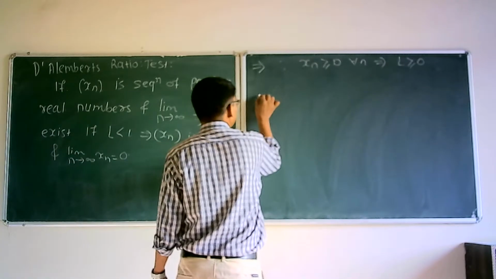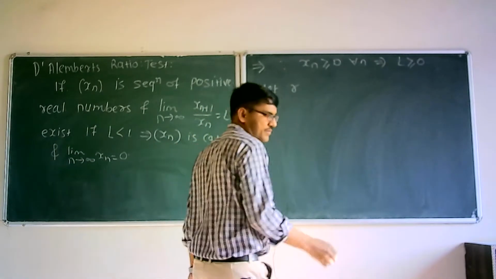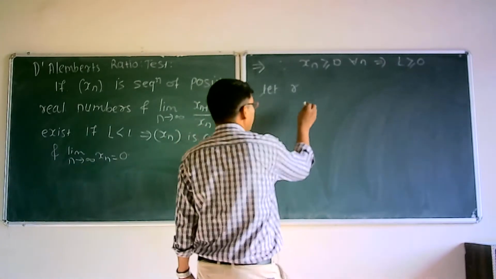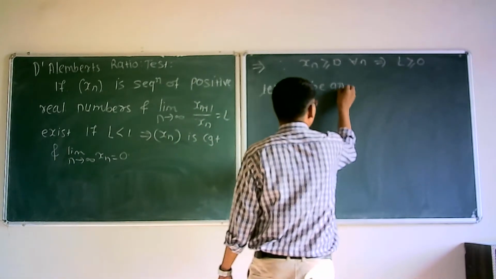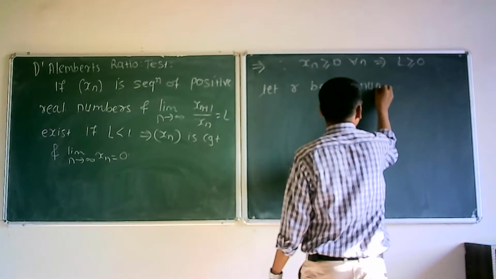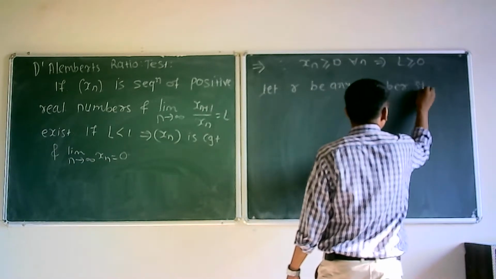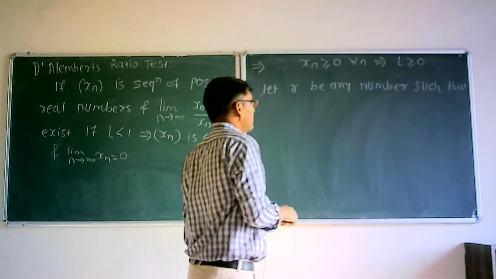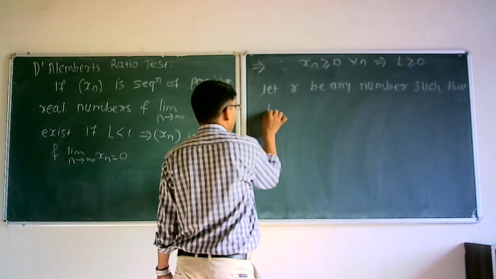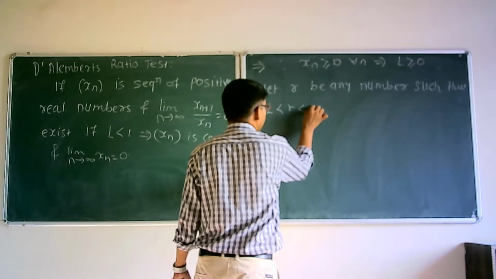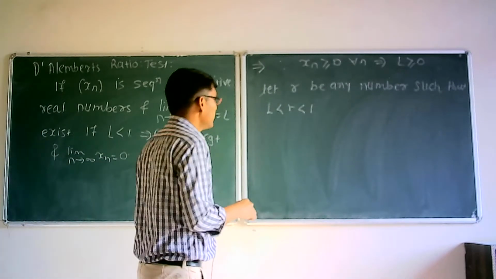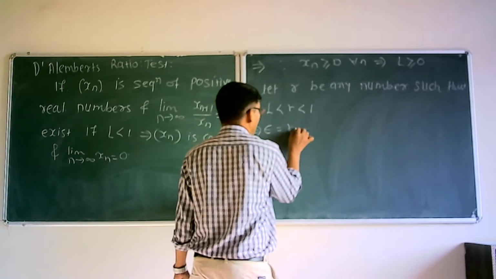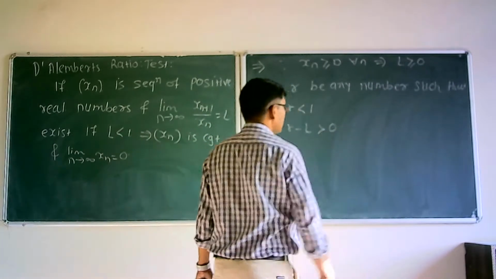So let R be any number such that L is less than R is less than 1. Then take epsilon equal to R minus L, which is greater than 0.